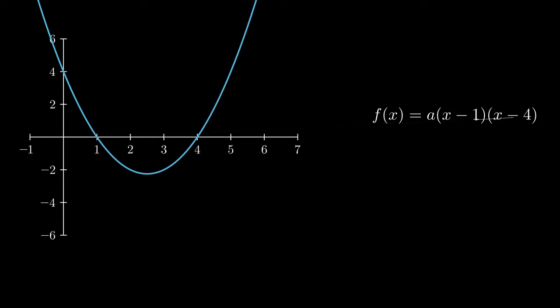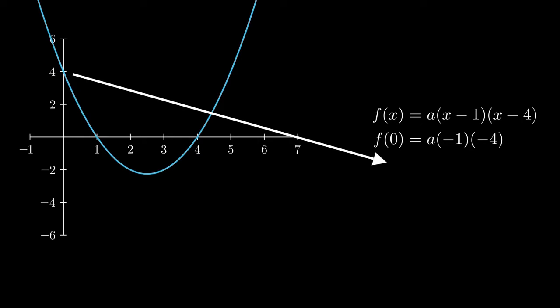Those are the roots. And then we know that f of 0 is equal to what? So f of 0, that's when x is 0. The value of the function is 4. So this can give us our a.